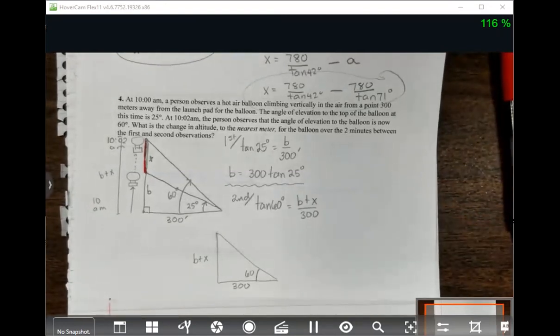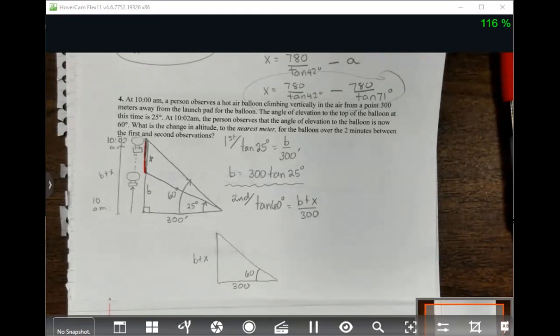But we can figure out the tangent of 60 degrees, at least as a radical. Tangent of 60 degrees is the sine of 60 degrees divided by the cosine of 60 degrees. Does anybody know the sine of 60 degrees? It's square root of 3 over 2.